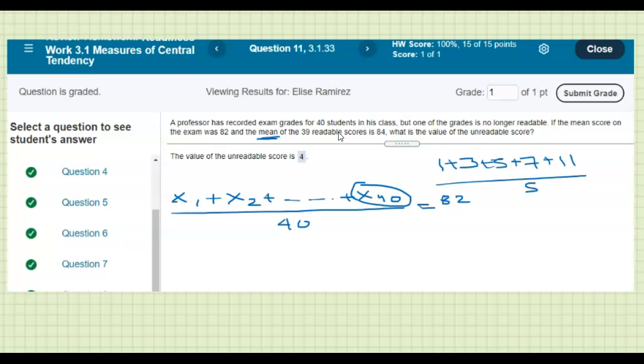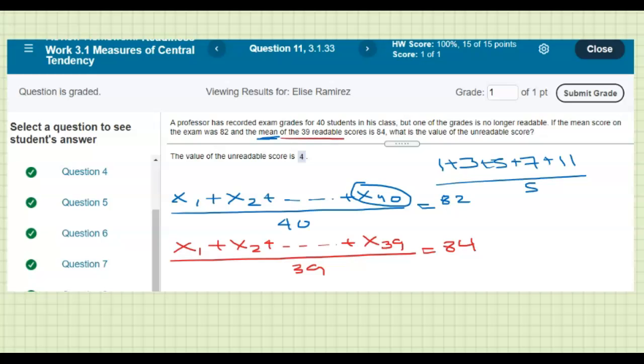Now he says, if the mean score on the exam was 82, the mean of the 39 readables was 84. So if I have x1 plus x2 plus up to x39 divided by 39, this is equal to 84. That's what this says.